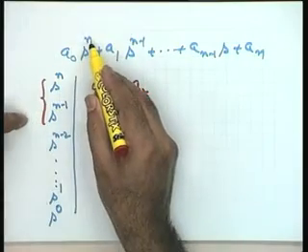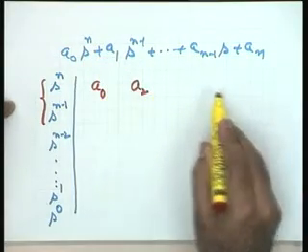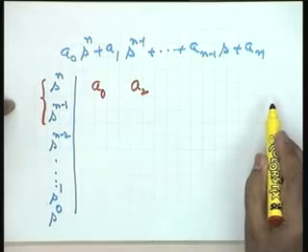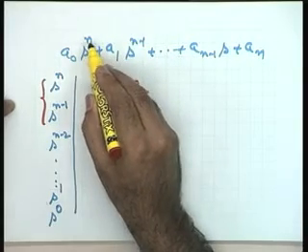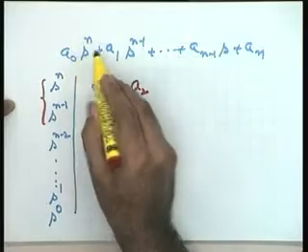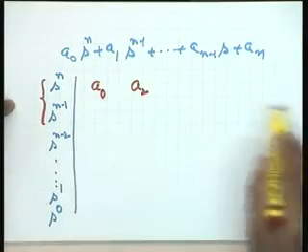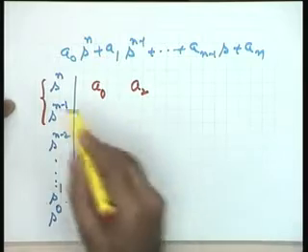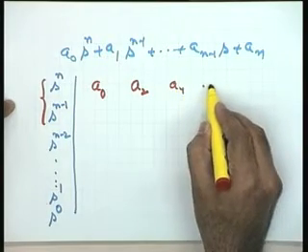If n is even, all the coefficients corresponding to even powers of s will appear, and if n is odd, then all the coefficients corresponding to odd powers of s will appear in the first row. So, in this particular case I am writing a naught, a2, a4 and so on.